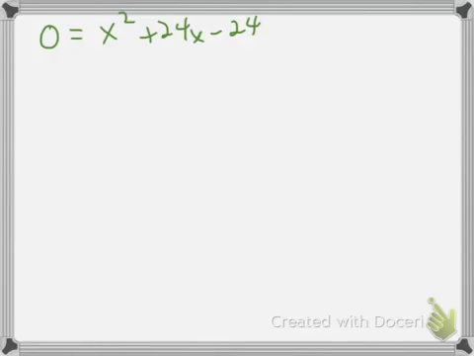And now the numbers look a little nicer to work with, so I'm going to add 24 to both sides. And I'm going to complete the square because the numbers aren't too bad.